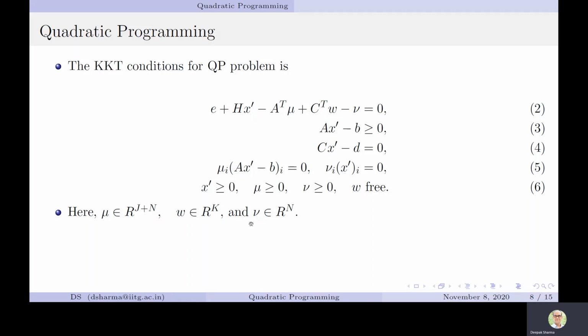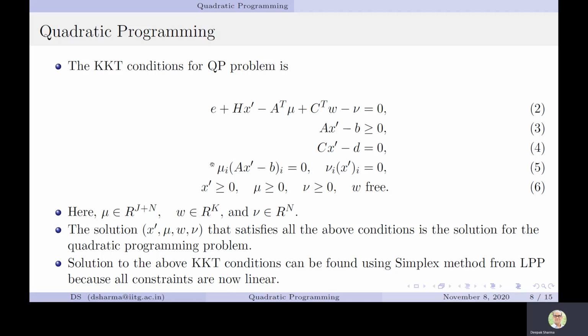Now here the Lagrangian multiplier mu is of the size of j plus n. Omega is the size of the equality constraints. Nu is the size of the number of variables. So how is this nu coming? Nu is coming from the constraints that are made using the upper and lower bounds.